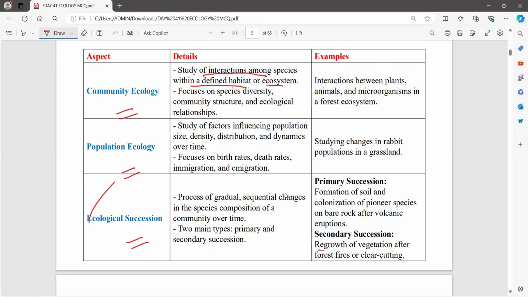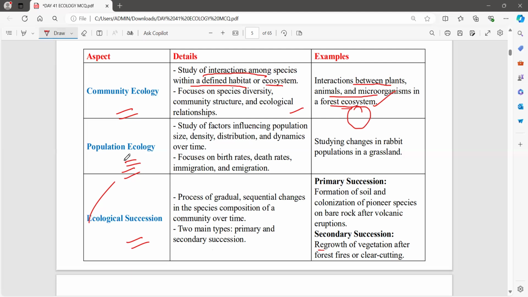A community is the interaction between plants, animals, and microorganisms in a particular ecosystem. We have different ecosystems, right? Forest ecosystem, grassland ecosystem, and many more. But in a forest ecosystem, what will be the interaction among those particular organisms? That is community ecology.